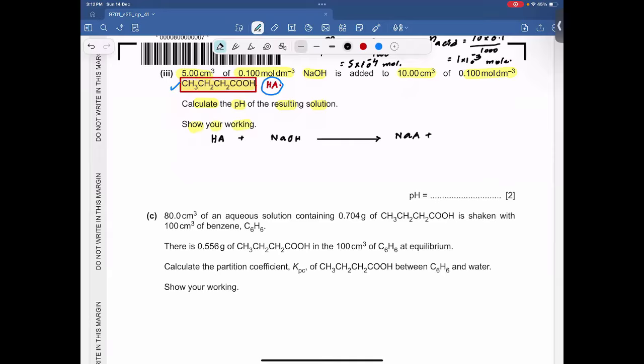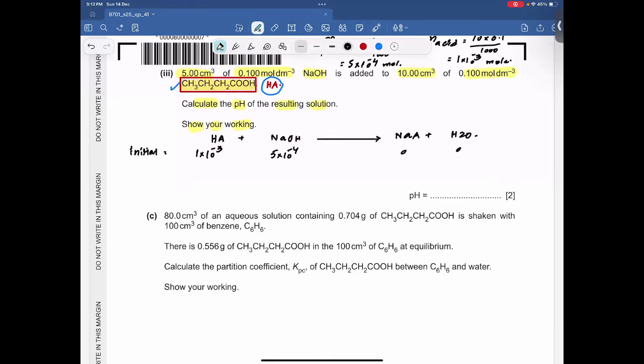That's your salt and water. So we know the initial moles of both acid and alkali. Acid has initial moles of 1 into 10 to the power minus 3. Alkali has initial moles of 5 into 10 to the power minus 4. Initially, products are 0.